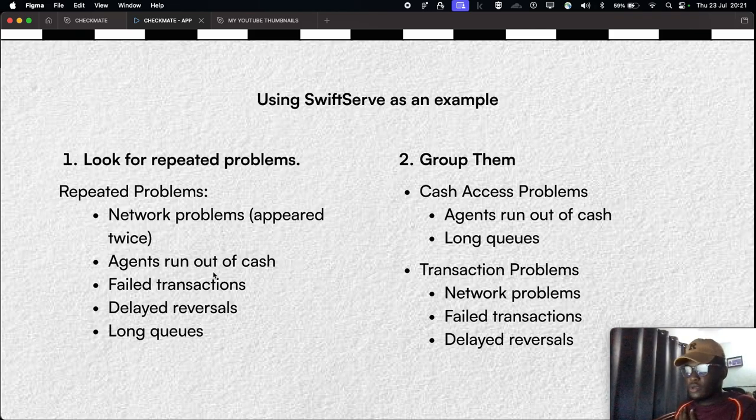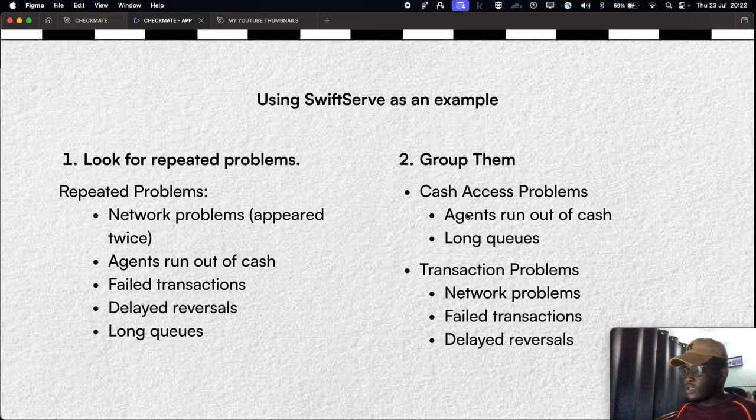We have been able to get that most people have network issues when they are transacting. Also we have found that there are so many failed transactions, all those things. Those are the repeated problems. Number two is to group those repeated problems you have seen. So you have cash access problems, we are grouping them. This is a group now.